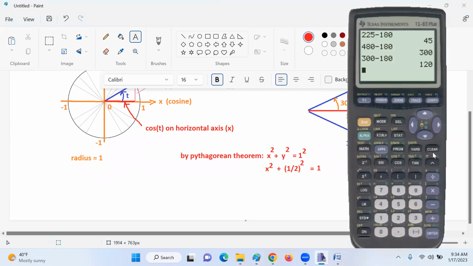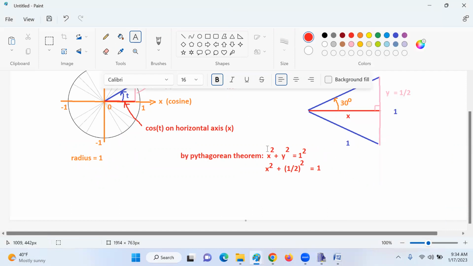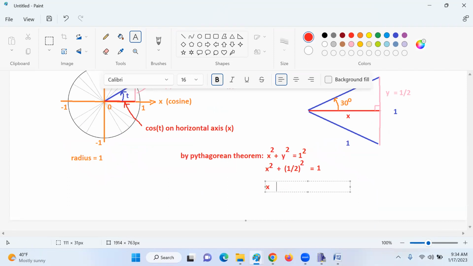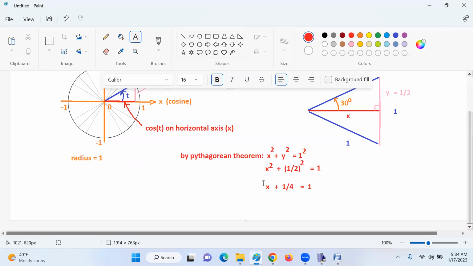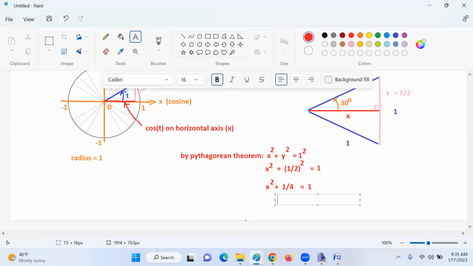So we get x squared plus 0.25, which is a quarter. Then solving for x, we subtract 1/4 from both sides, and that gives us 3 over 4, so x squared equal to 3 over 4.